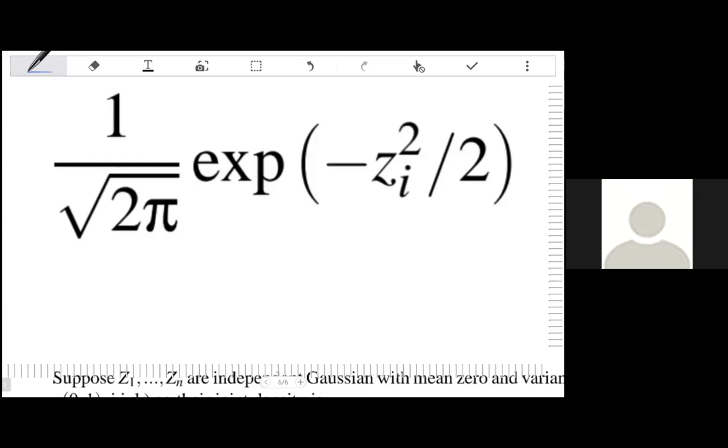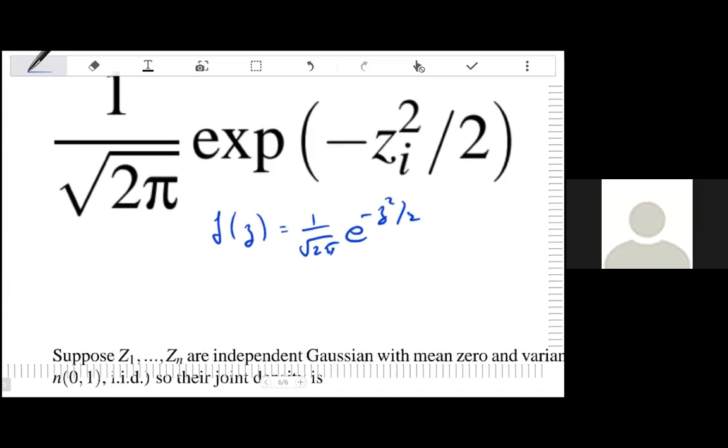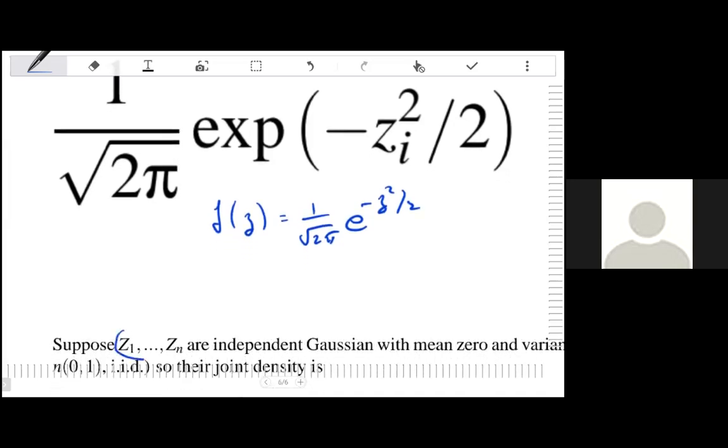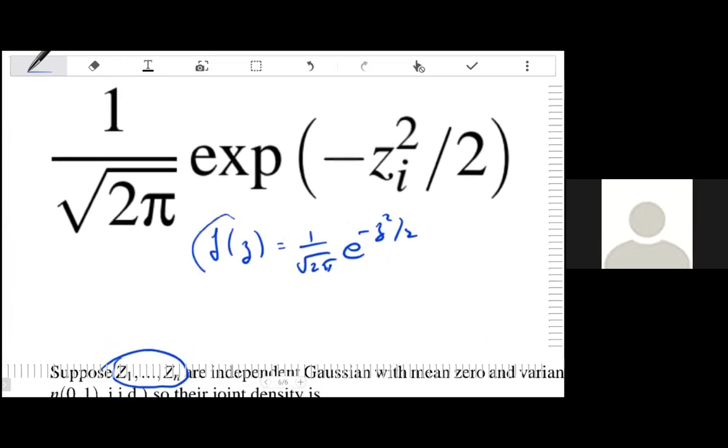So first of all, you'll remember the ordinary standard normal distribution. If this is the density, it's 1 over root 2 pi e to the minus z squared over 2 for all real valued z's. Or if you have a bunch of these z's, then each one of them will have a density of this form. And you need to distinguish between the different variables.